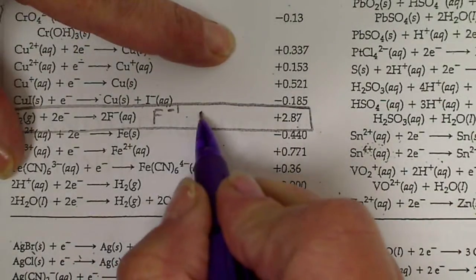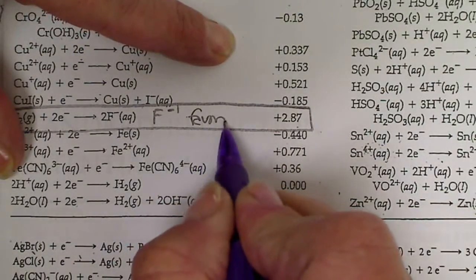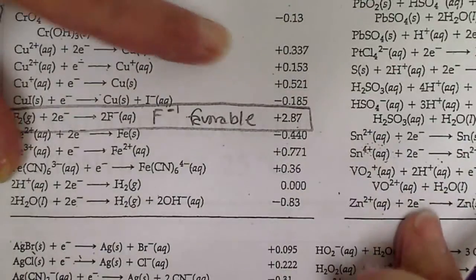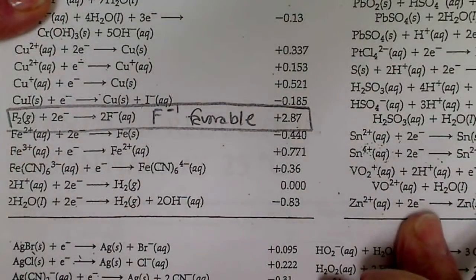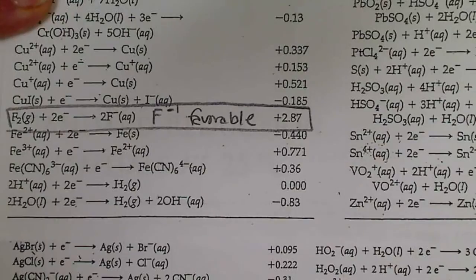And so this, a positive value, is going to be favorable. And we just finished looking at other thermodynamic values where the sign convention tells us whether or not a reaction is spontaneous. So we're also going to be considering the sign convention in this chapter.